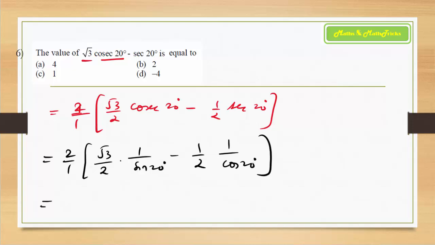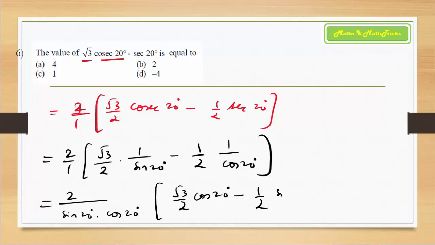So you have now 2 upon the denominator sine 20 into cos 20, and the numerator part is root 3 by 2 cos 20 minus 1 by 2 sine 20 by cross multiplication. You can see that the bracket has now become the compound angle. So 2 divided by sine 20 cos 20 will become 4 divided by sine 40 if you multiply and divide by 2.